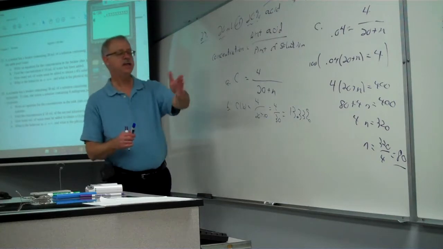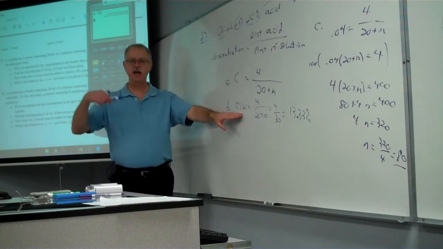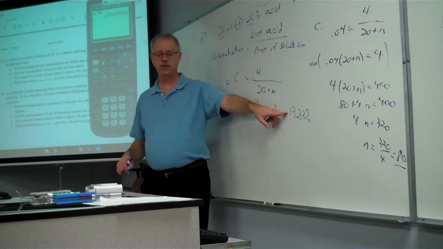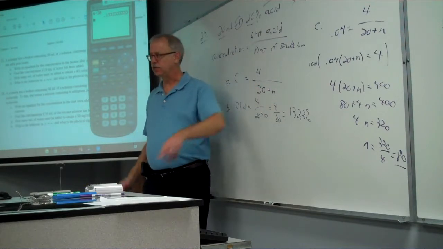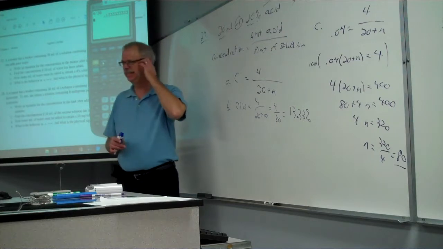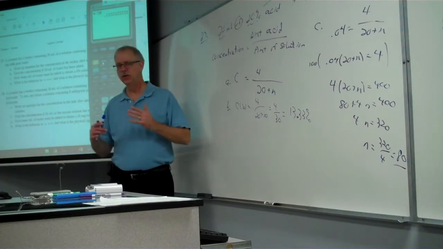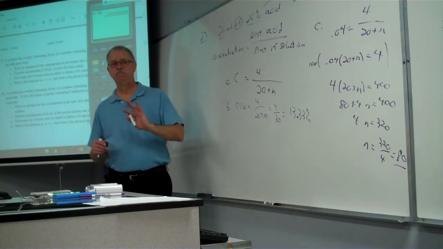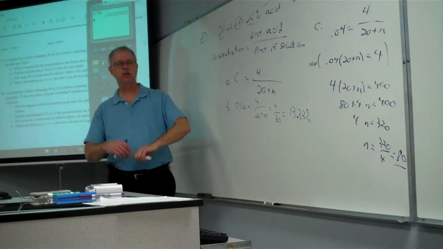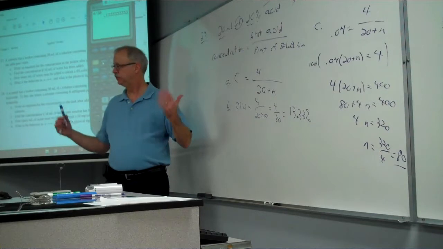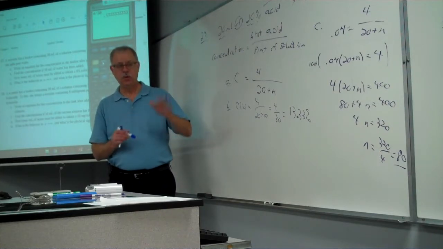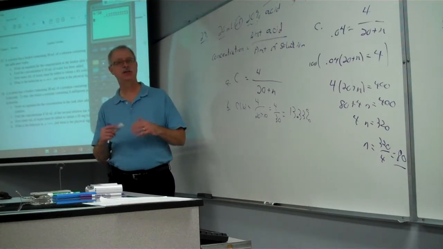I was trying to figure out, 8 didn't make sense, because over here when I added 10, it only dropped the concentration to 13.3. I need to add more than 10. So the fact that I was coming up with 8 here is like, something's not right. Just because we plug something into a formula and work doesn't mean, oh, I got an answer. Good. We should at least sort of think, does that answer make sense?